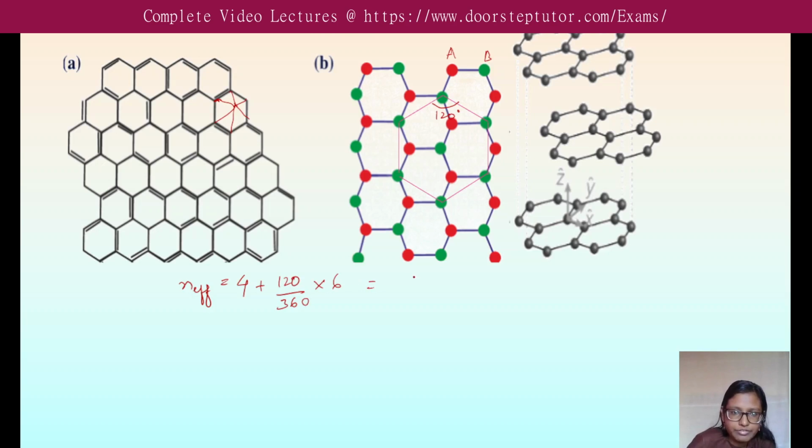So the total effective number of atoms in the unit cell is equal to 4 plus 2, which is equal to 6.